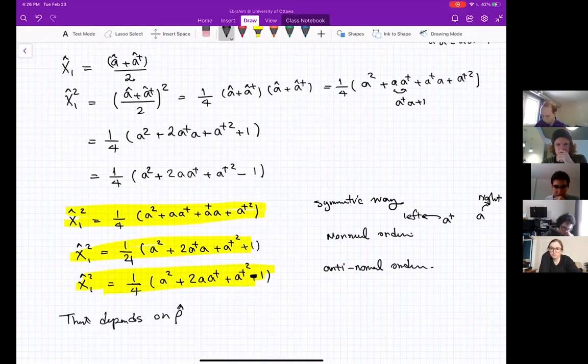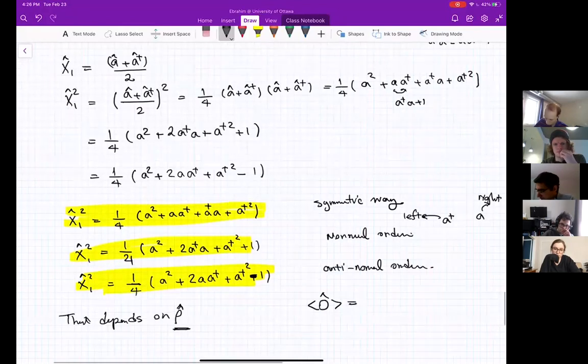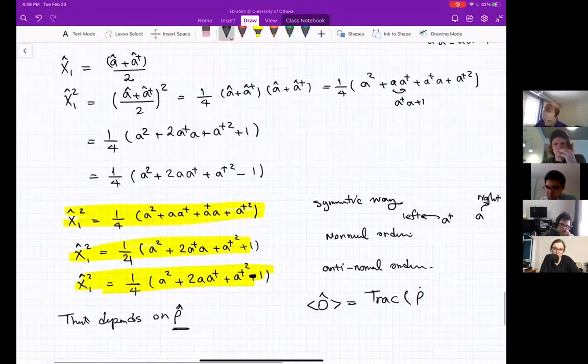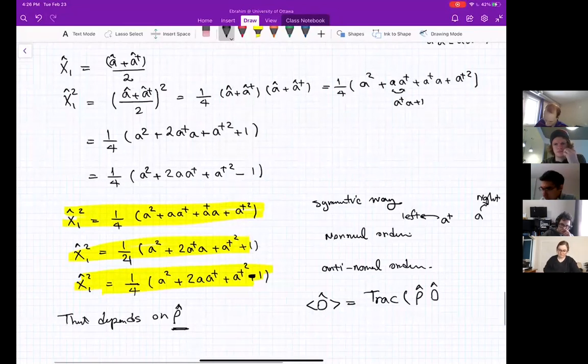So the first one, which is the symmetric way, we will talk about that. The normal one, we will talk about that. And the anti-normal one, we'll also talk about that. And we will say that associated to those ways, we have 3 ways of plotting the density matrix. Remember, the operator O should be calculated as a trace of rho times the operator O. So you are not only dealing with O, but also you are dealing with rho.